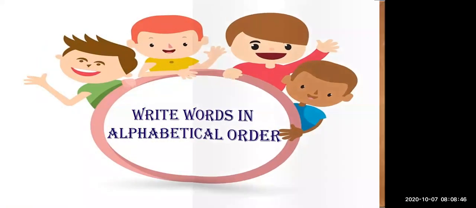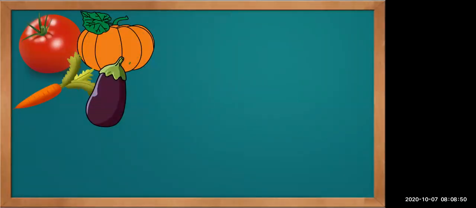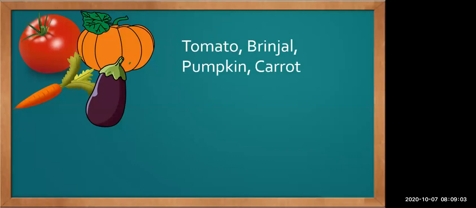Okay? So let's see, children. Oh wow, what do you see on the screen? These are vegetables. We must eat vegetables because they are good for health. Yes? Which vegetables are there? Can you see tomato, brinjal, pumpkin, and carrot? Now what is our task?